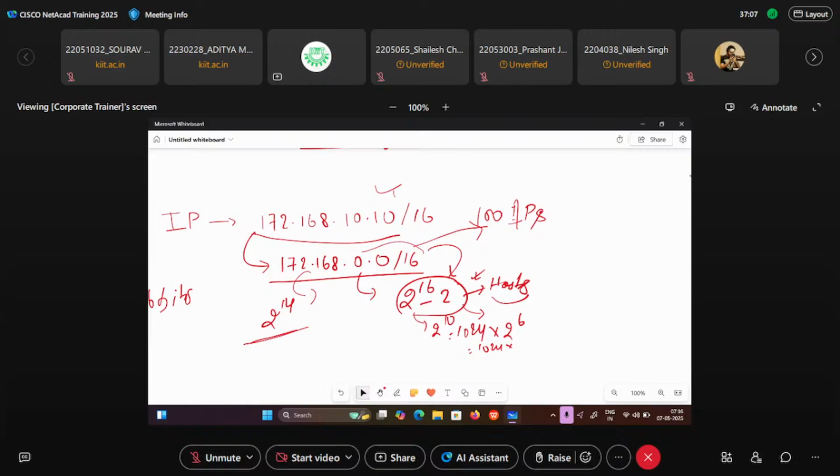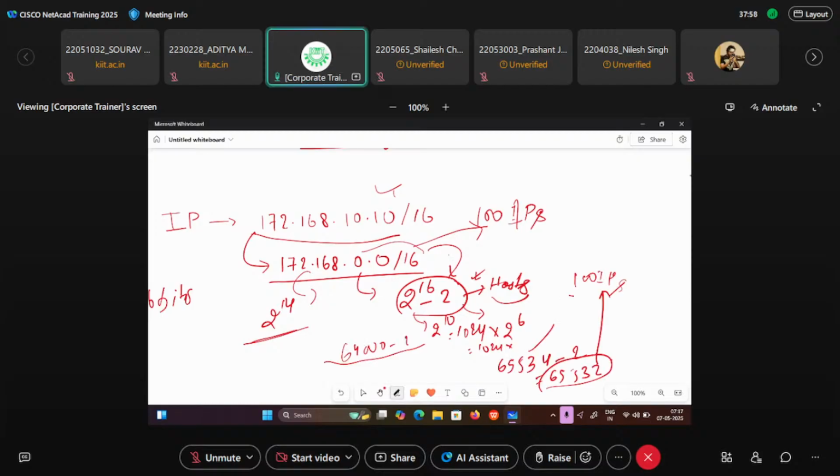So that much of host you can configure from this network. But you required only 100 hosts. If you use this network, how many IPs will be wasted? If you subtract 100 here, more than 65,000 IPs will be wasted in this case.